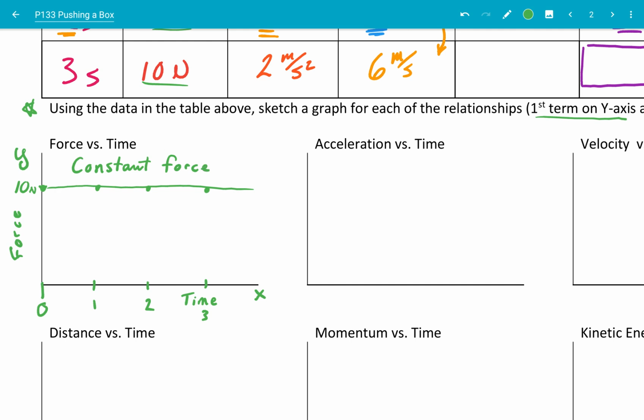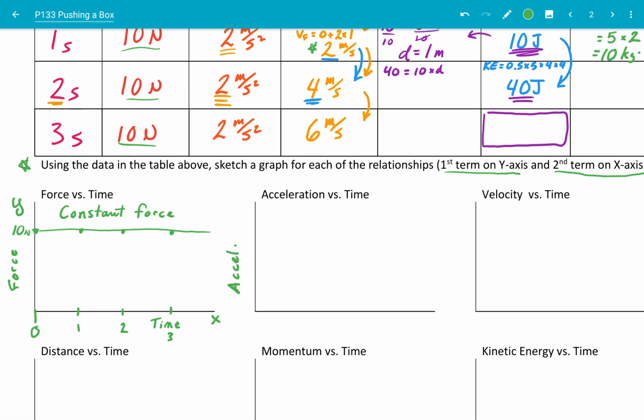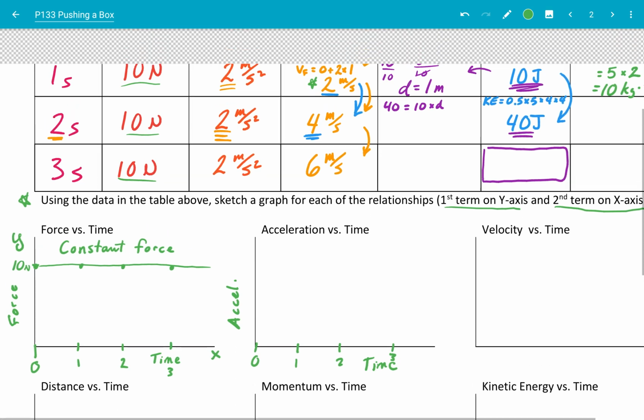For the acceleration versus time, again, the first term is on the y-axis. So this is acceleration, and we have time across the x-axis. 0, 1, 2, 3. We could do a better job of that. And our acceleration is always 2.